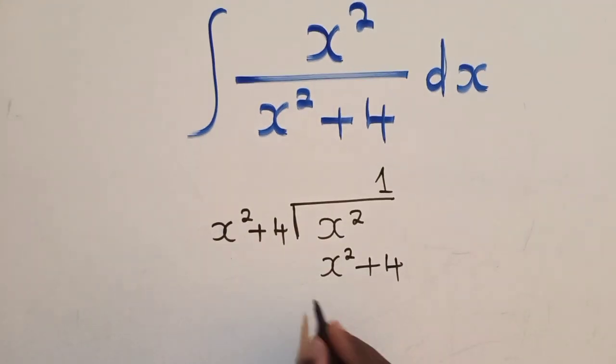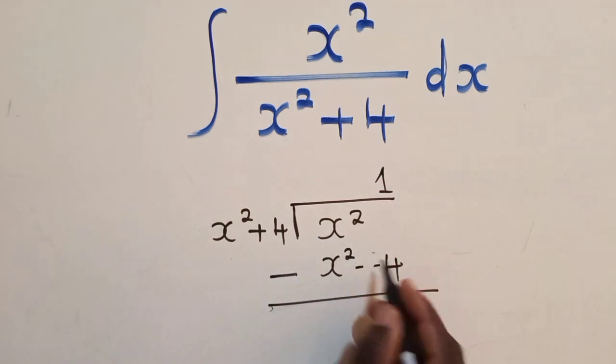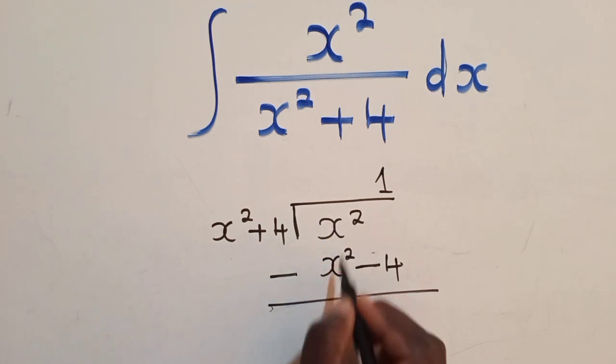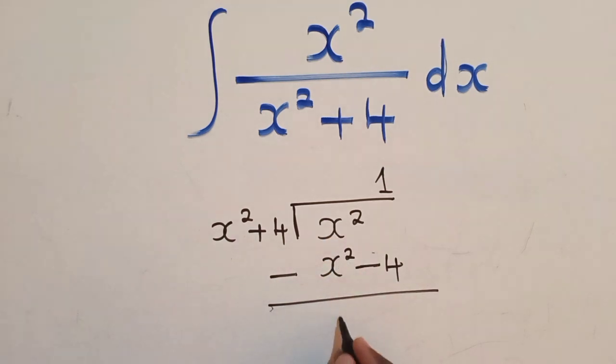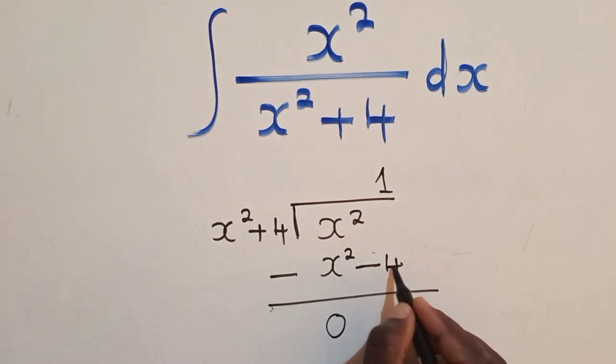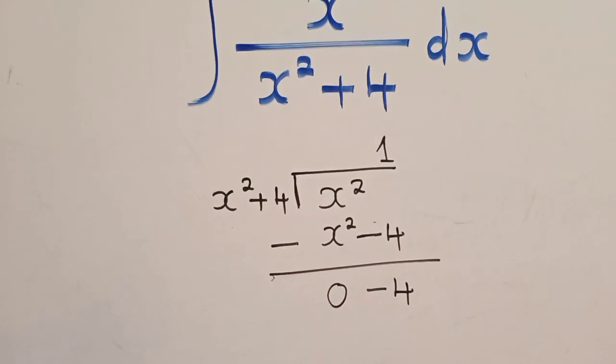Now from this stage, we draw our line and then we subtract. x power 2 minus x power 2 gives us 0. 0 minus 4 gives us minus 4. So we have a remainder of 4.